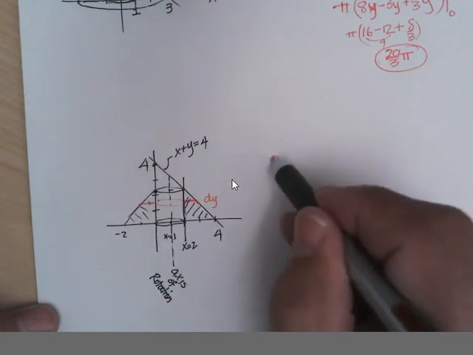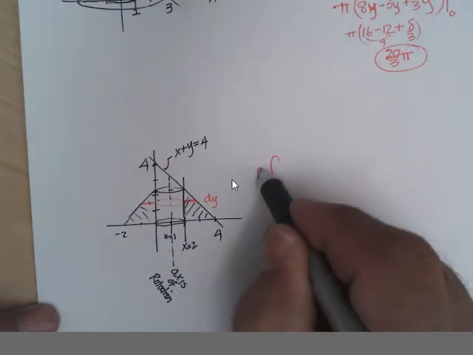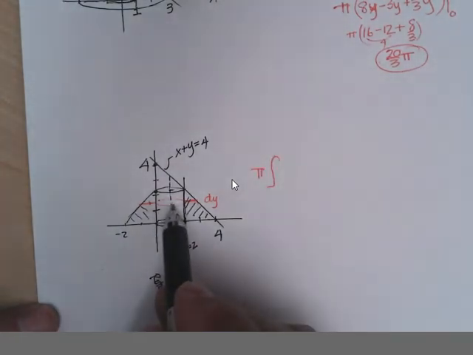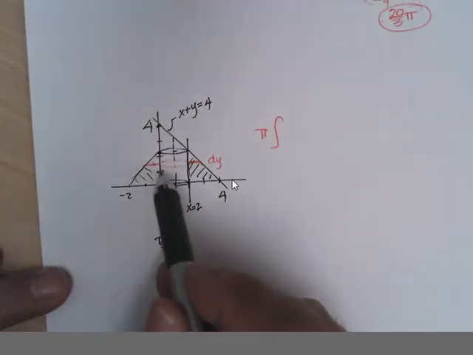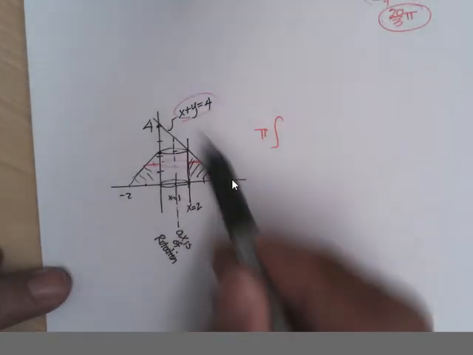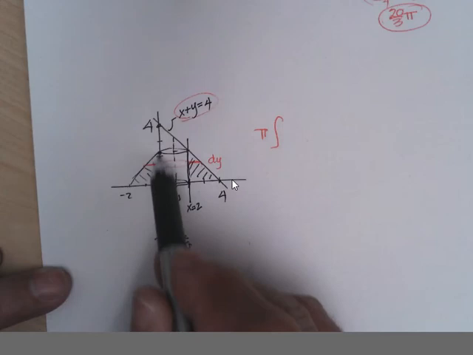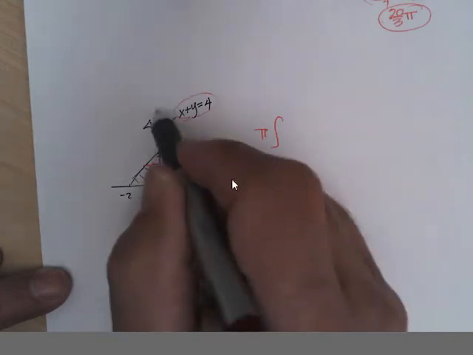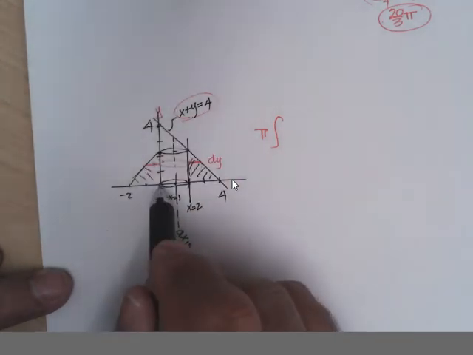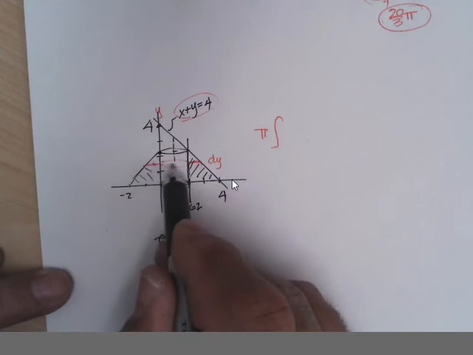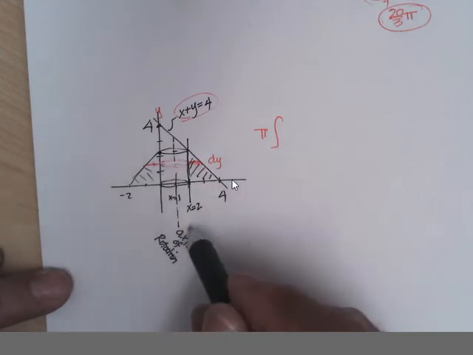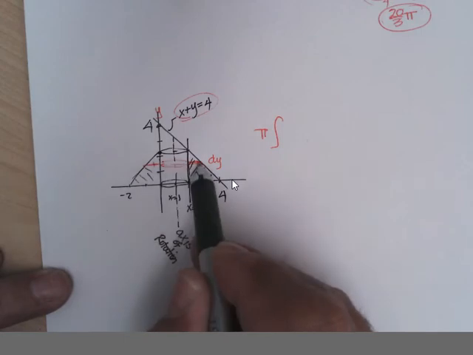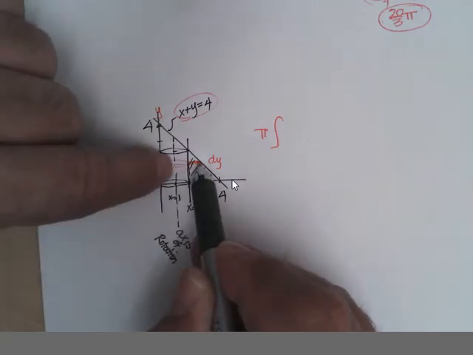So I'm going to be integrating, and it's going to be pi large radius. Now here's where you got to be careful. This equation is based on this being 0, 0. The y-axis here is 0, 0. So x in this problem is clear from here out to there, but the large radius is not x, it's x minus 1.